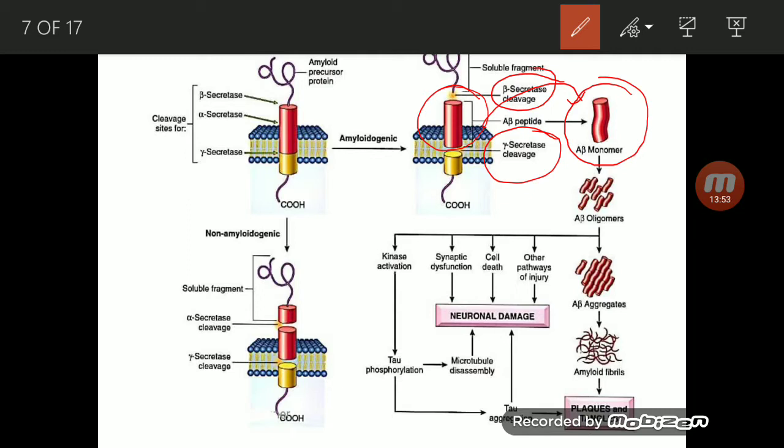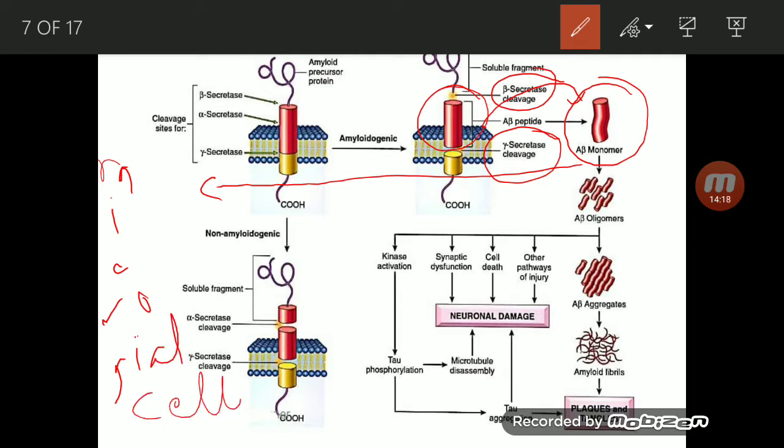So normally under normal condition, whenever this amyloid beta plaques are being formed, they are broken down by microglial cells of your neurons, or your microglia of your neurons, through your process of phagocytosis.